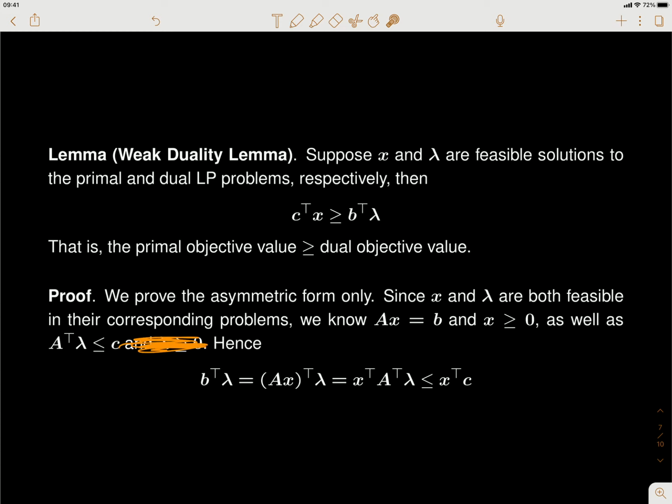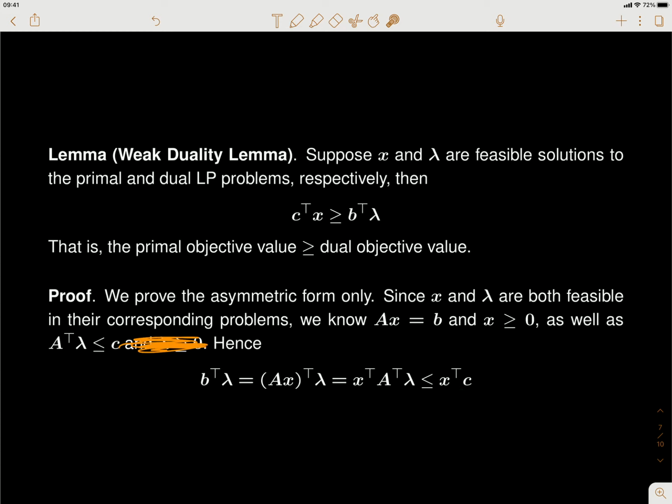We know that b equals Ax, so I can replace b by Ax. Now we have Ax transposed times lambda, and this becomes x transpose A transpose lambda.